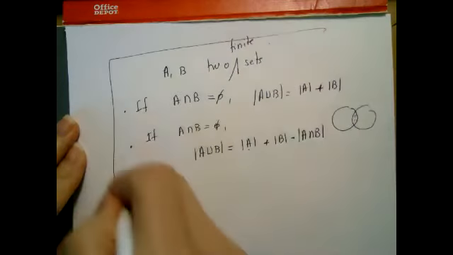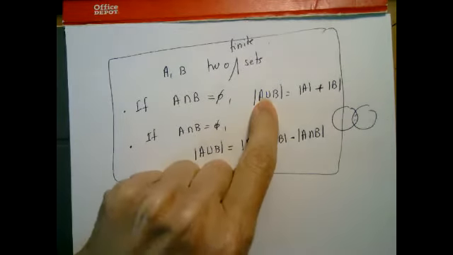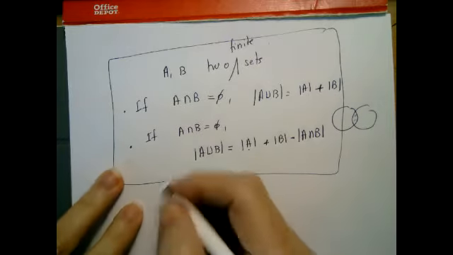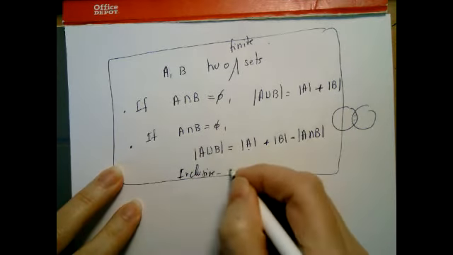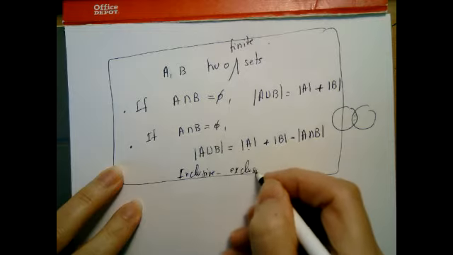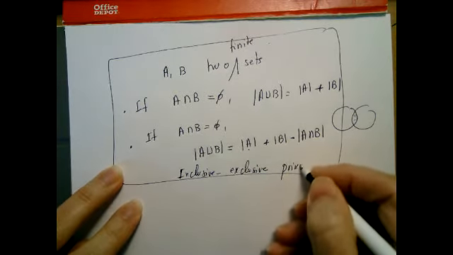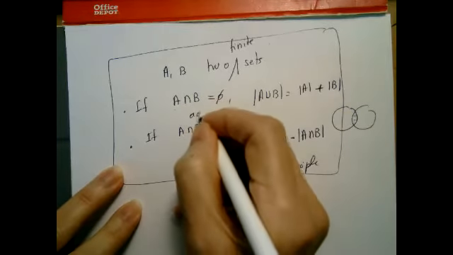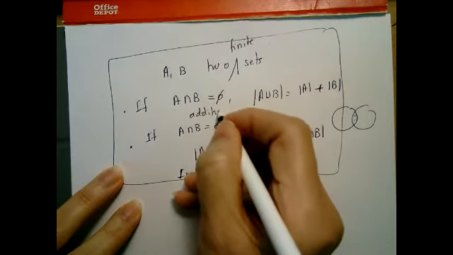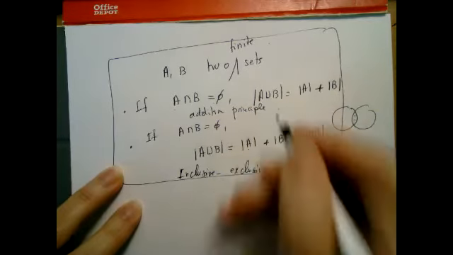This is the situation. I usually call it the inclusion-exclusion principle, too complicated a name for something not that hard, but a very important principle. The first one, when the intersection is empty, is called the addition principle. We mentioned both last time.